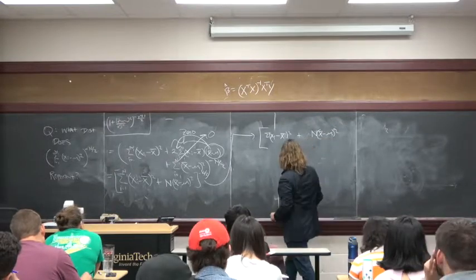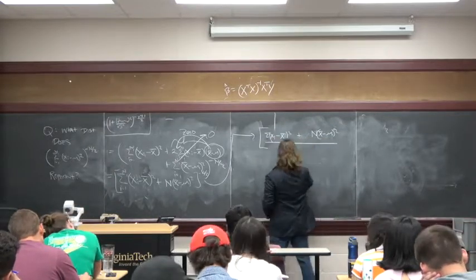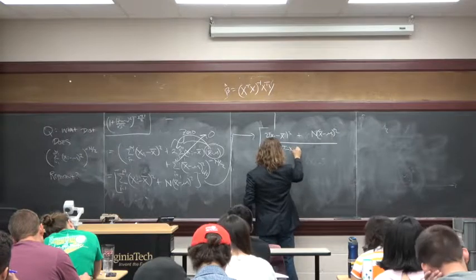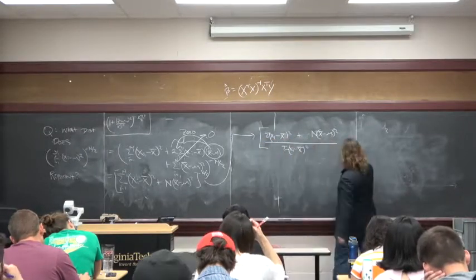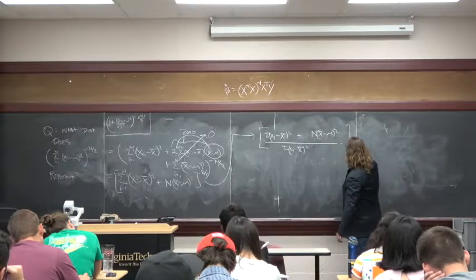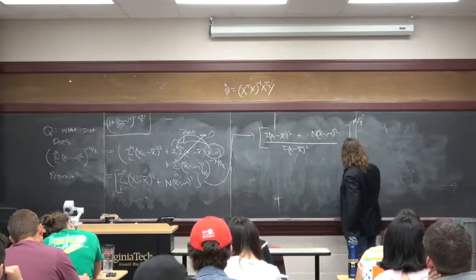I'm going to divide the whole equation by the sum of the xi's minus x bar squared, and multiply it all by that, and then raise it to the minus n over 2.